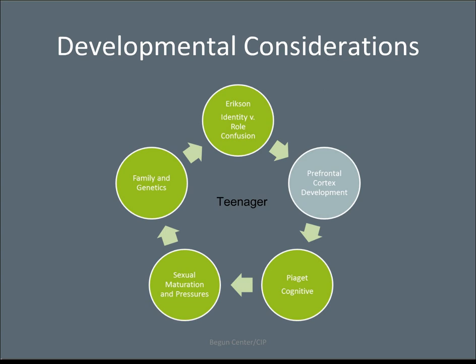When we're talking about both mental health and substance use issues, certainly family and genetics play a very large role, and we're not going to get into that today. It's something that we consider quite a bit, though, when we are expanding a case looking at co-occurring youth. Then there is sexual maturation and the pressures associated with that.